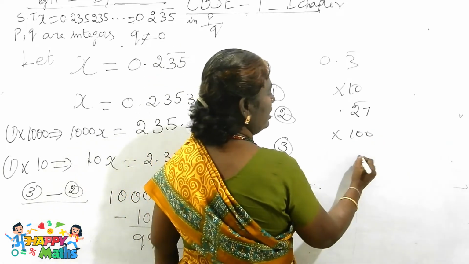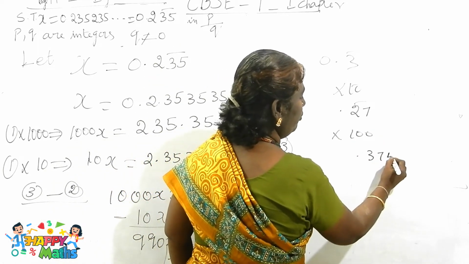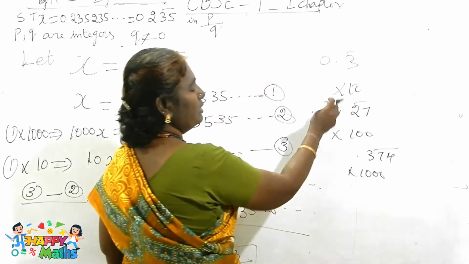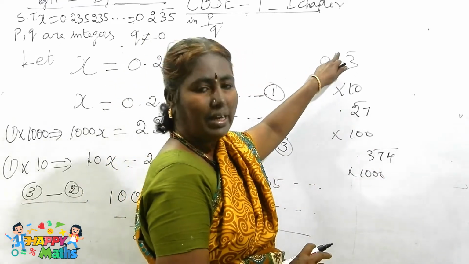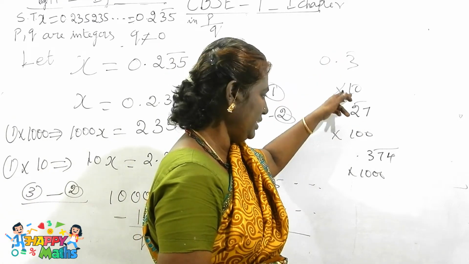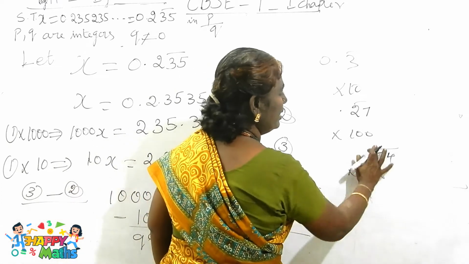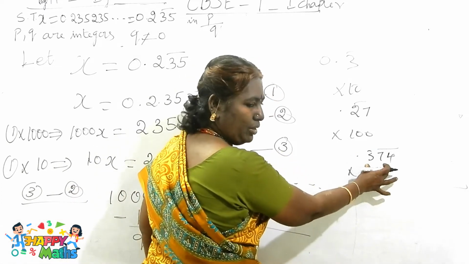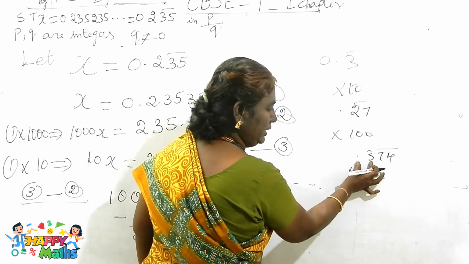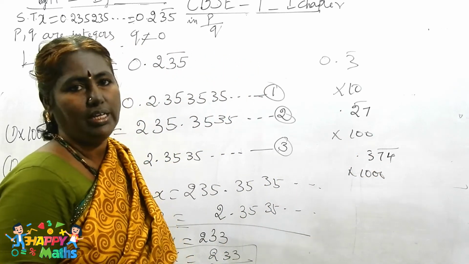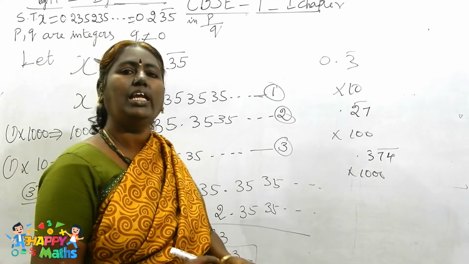If 3 numbers are repeating, multiply by 1000. Then subtract 10x minus x, 100x minus x, 1000x minus x. Suppose one number is left out, you multiply by 1000, then multiply by 10, and subtract 1000x minus 10x only. So you will get the fractions very easily.